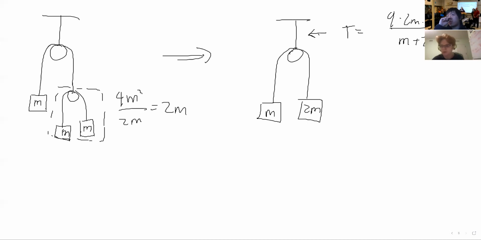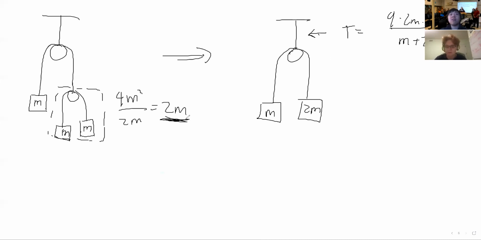And there's no motion. Yeah, but notice how when there's only 2, then 4m squared over 2m is exactly equal to the actual mass, which is just m plus m, right?